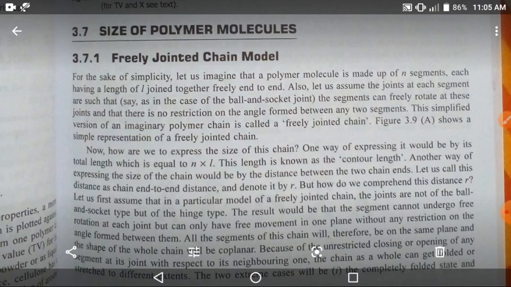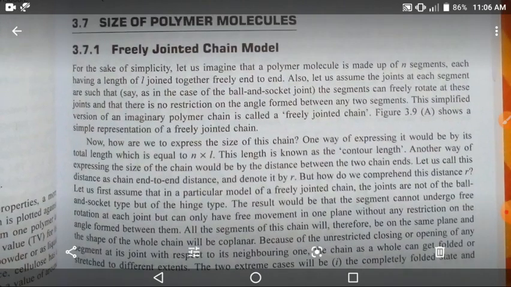Also, let us assume the joints at each segment are such that they can freely rotate, with no restrictions on the angle formed between any two segments. That is what the freely jointed chain model says.